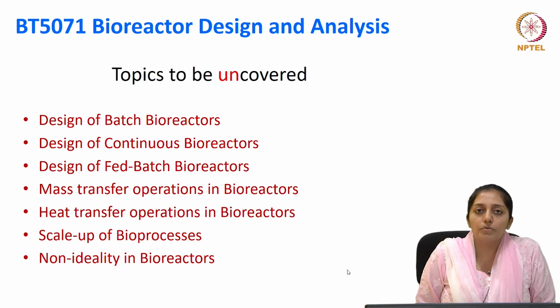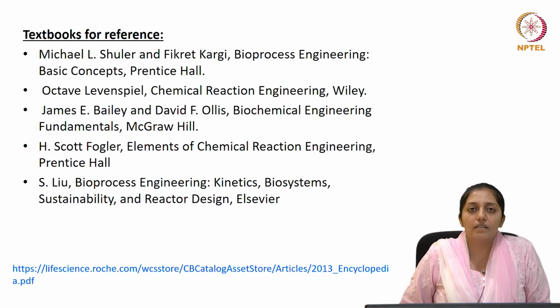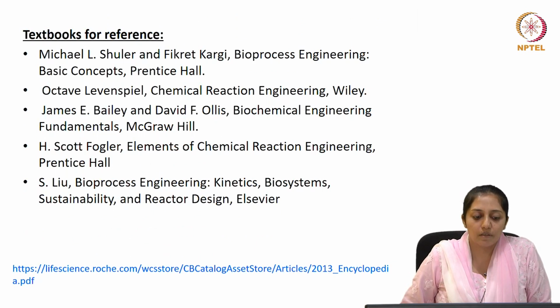Then we'll go on to study the heat transfer operations in bioreactors, scale up of bioprocesses, and then we'll end up with some introduction on the non-ideality of bioreactors and how to handle it in practical situations. These are some textbooks for your reference. You can go through it after the lecture.